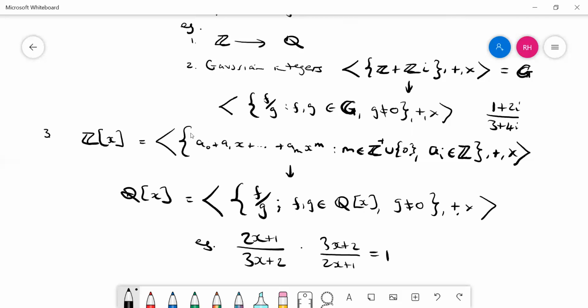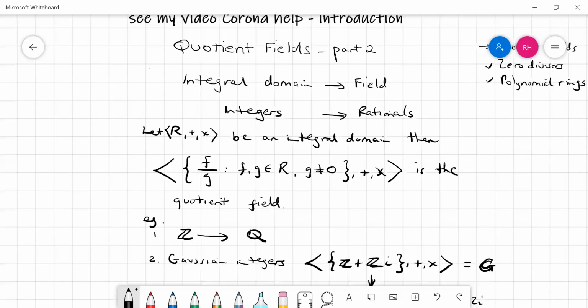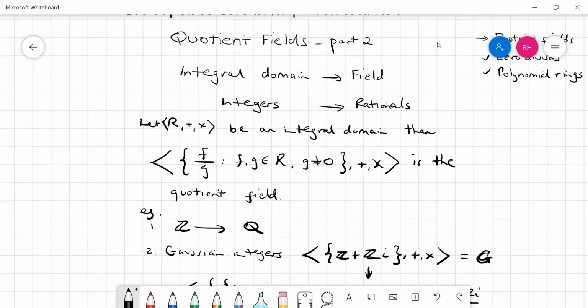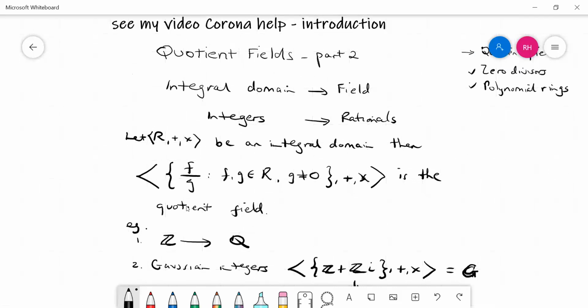So that's quotient fields. Let's just finish up with that. This was originally asked of me by Ping Q, I think that's how he pronounces his first name, in California, who asked me to go through these three things.